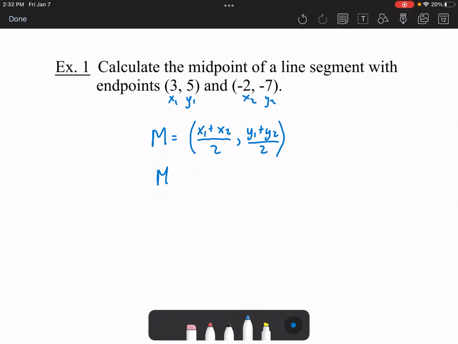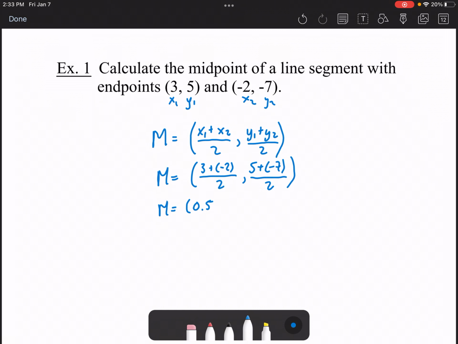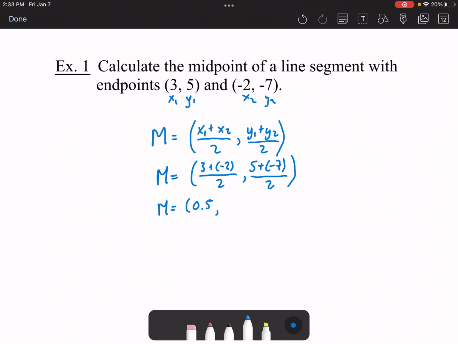Now I'm just going to substitute the values in. So x1 was 3 plus negative 2 divided by 2, 5 plus negative 7 divided by 2. This one turns out to be 0.5. And the next one is negative 2 divided by 2, which is negative 1. So there is the point right in the middle.